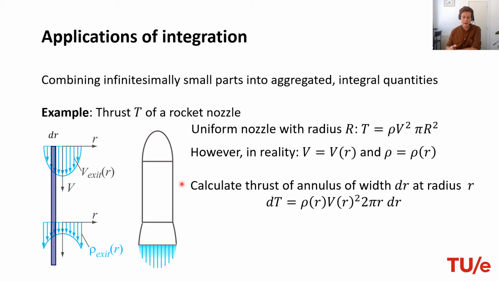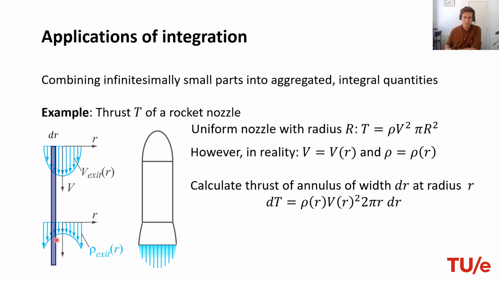We use an annulus, a small ring of width dr, situated at a radius r. Within this annulus, we assume it is so thin that the exit velocity is constant, as well as the exit density.